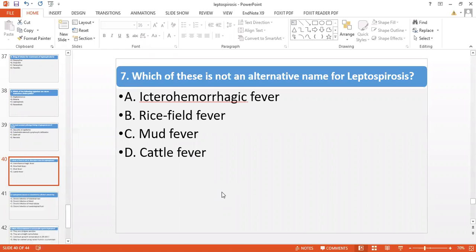Which of these is not an alternative name for leptospirosis? D, cattle fever. The rest of these are other names for this disease.